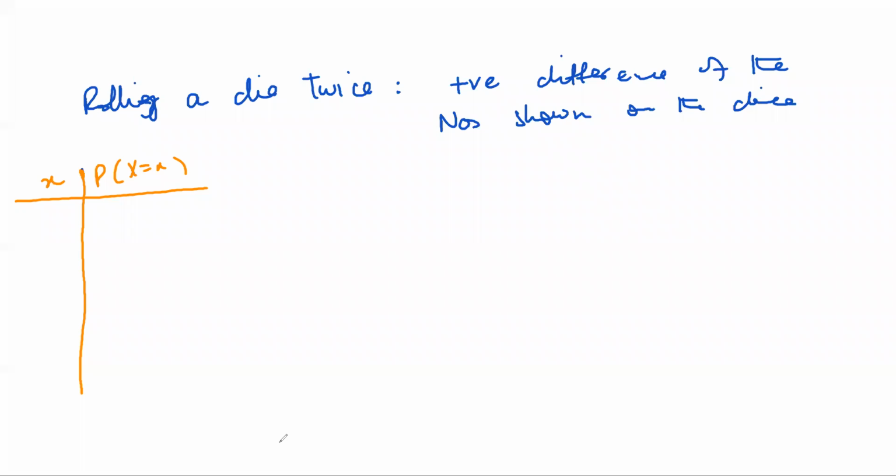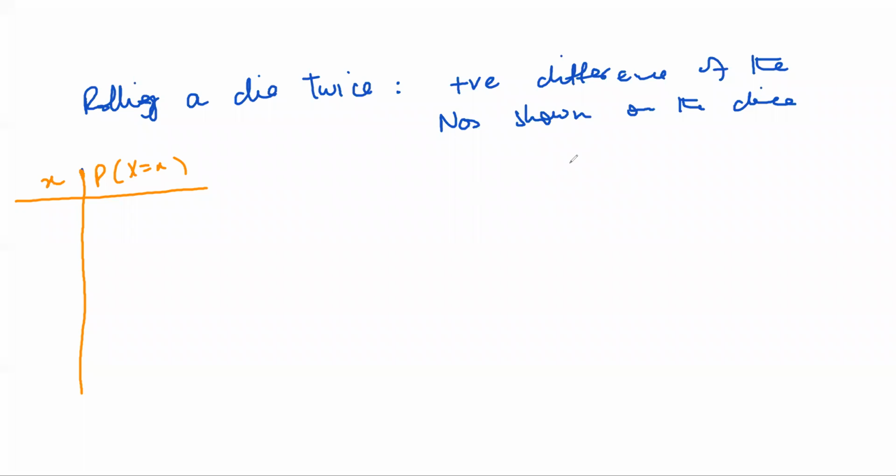Amna Jamal, what are the differences when you roll a die twice on the numbers shown by these two dice? 0 to 5. Very good, mashallah. 0 to 5. Absolutely right, beta.